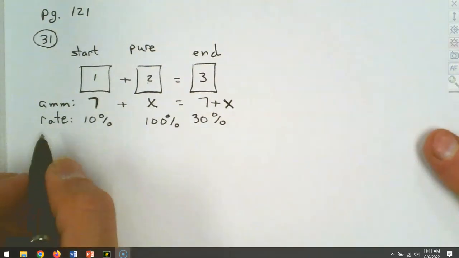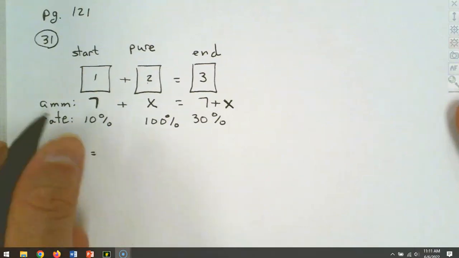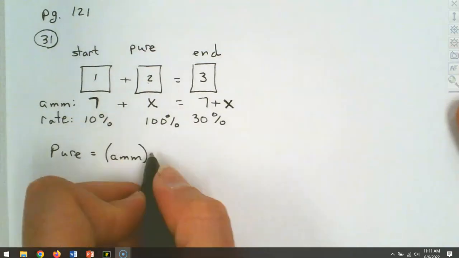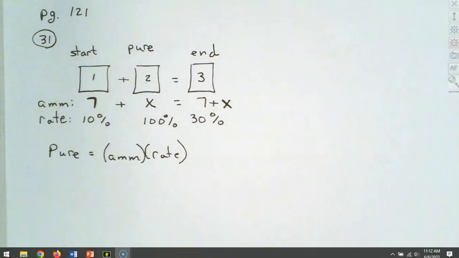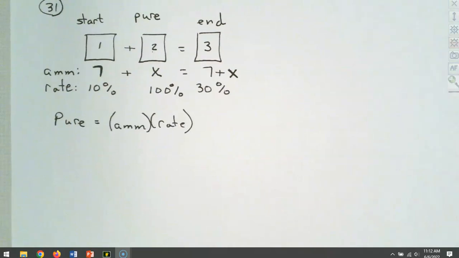We're looking for our pure, and pure is the amount times the percentage rate. So the amount times the percentage rate is going to give you the pure. And just like we did with the distances, they just multiply together.